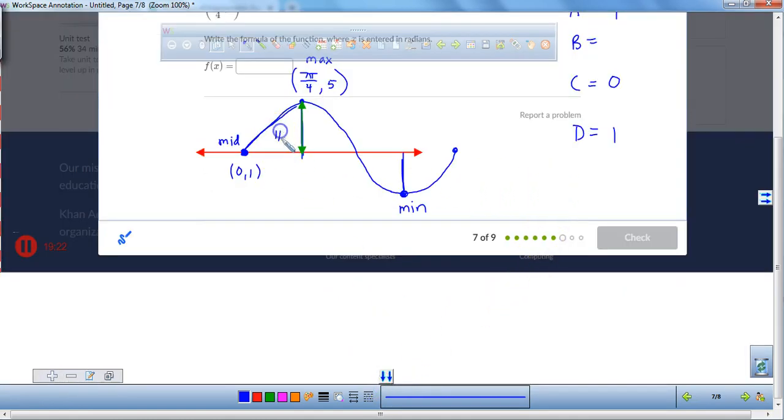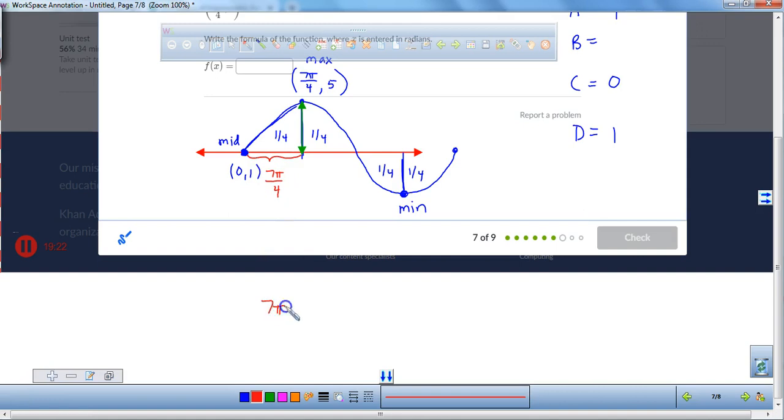Now, I want you to see how this is broken into quarters. Alright, so if these are broken into quarters, that means the distance from right here to right here is a quarter of the way there. Well, what is that distance? That distance is 7 pi over 4.